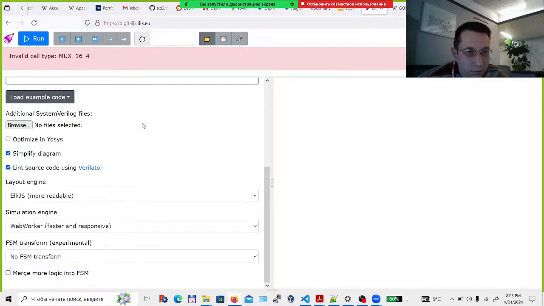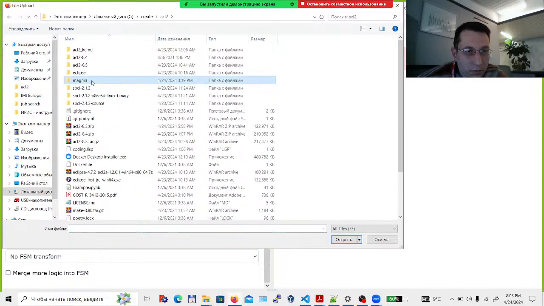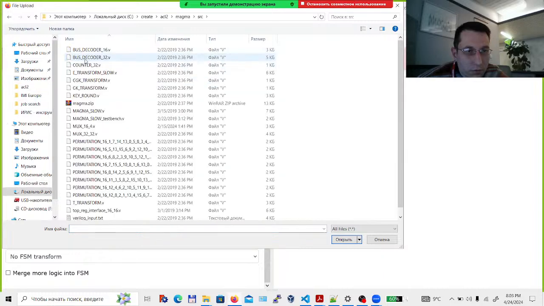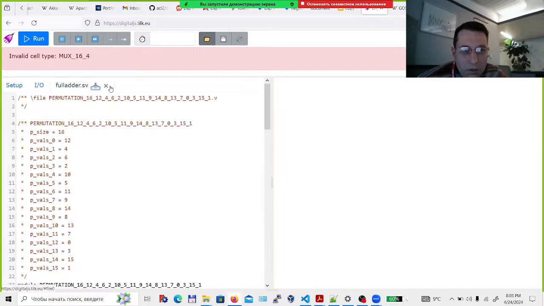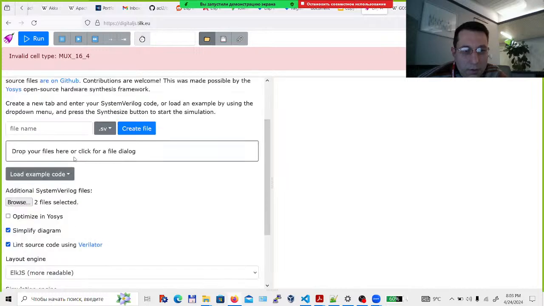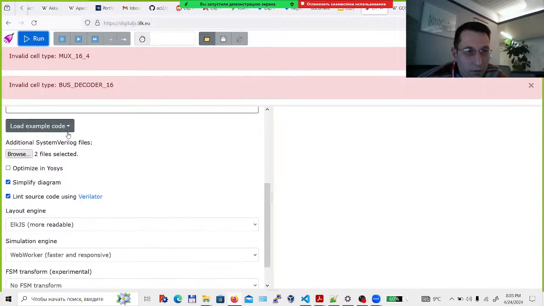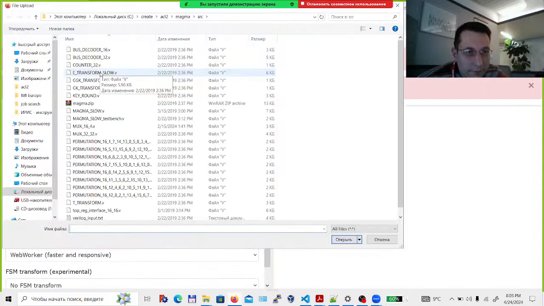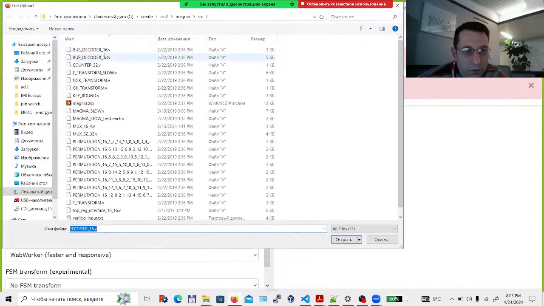Example code, browse, ICO2, magma, source, MUX. This one. There are a lot of dependencies for this project.